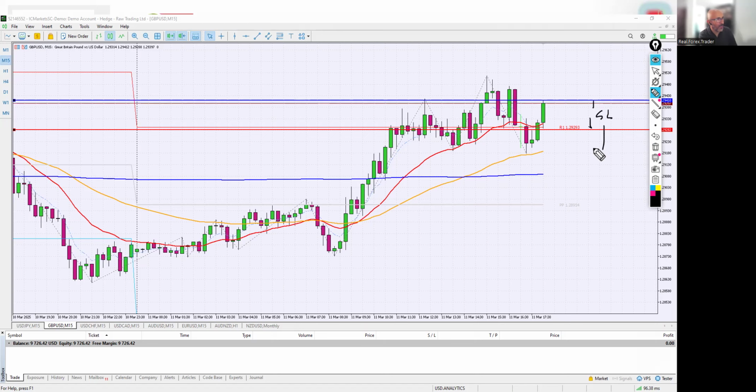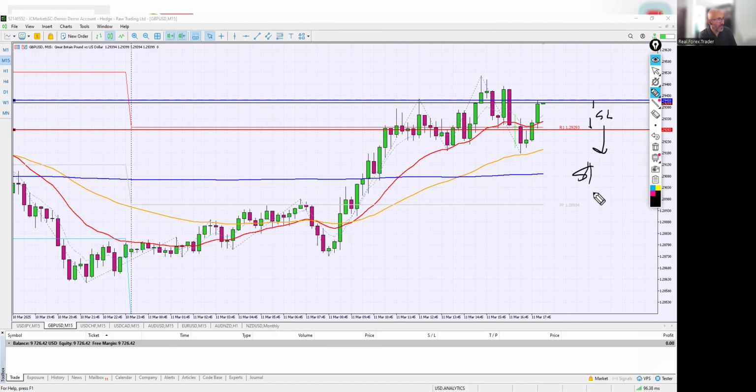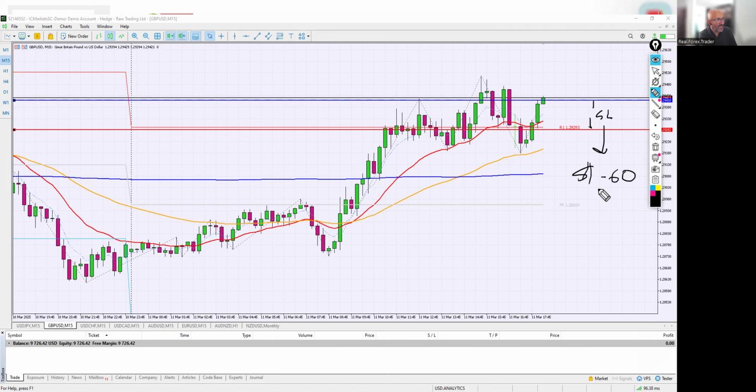than $60 negative. And my take profit, remember, and that is something I'm going to do, my R, right? So this is 1R. So my take profit must be 1.5 or 2R, my ratio.